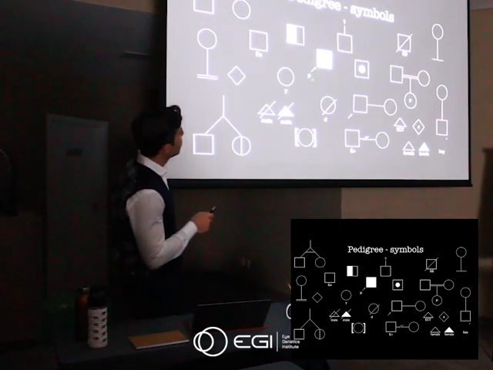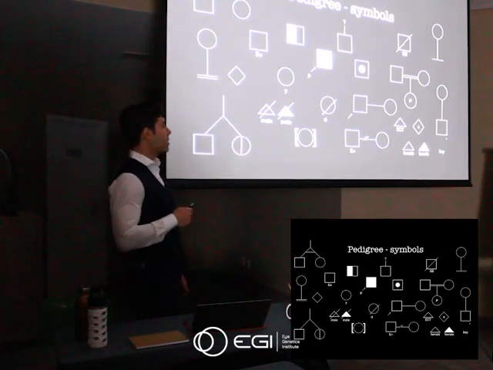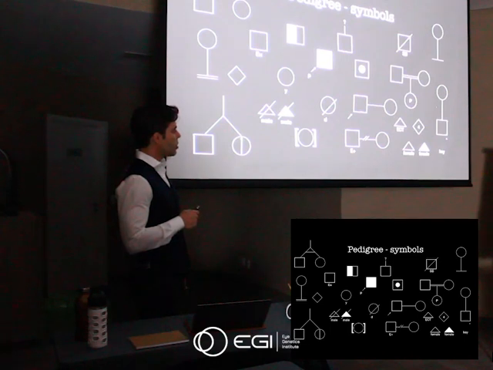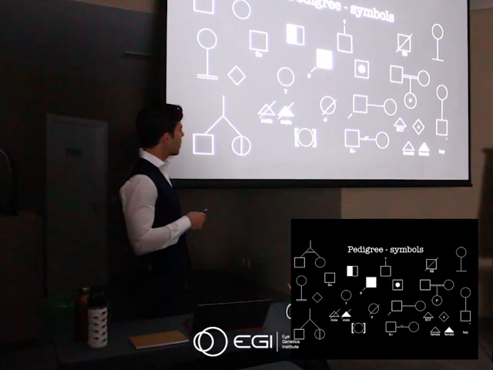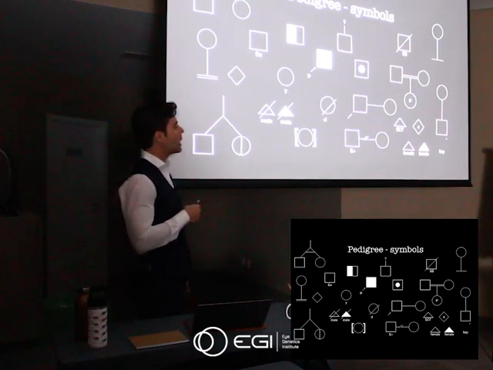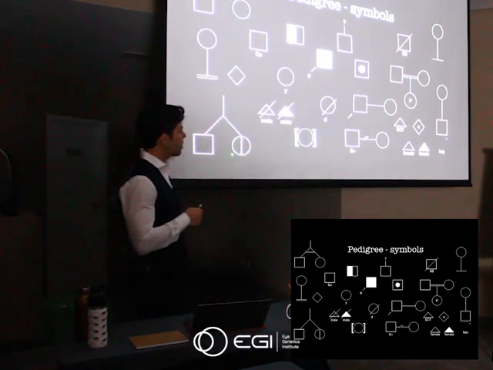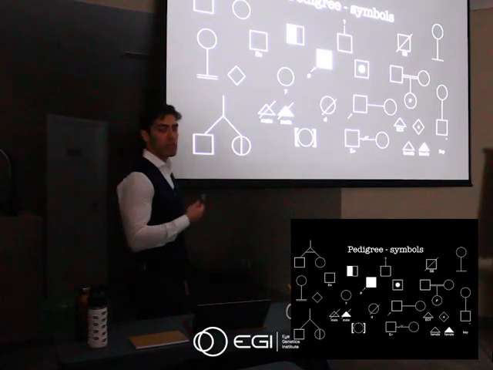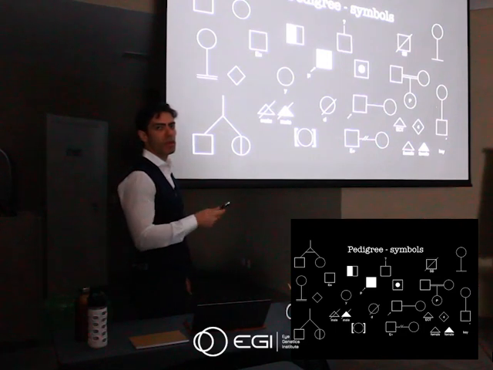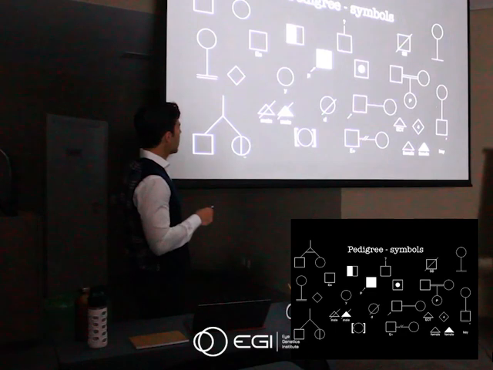When we have this symbol, it means that the patient has a genetic mutation for a particular condition, where other people in the family have the same mutation and have the disease, but here the patient doesn't have the phenotype yet. The patient can have the phenotype later in life, or the patient may not have it.